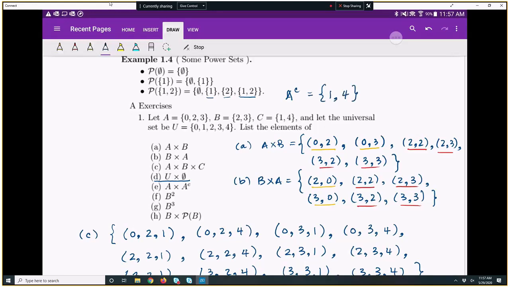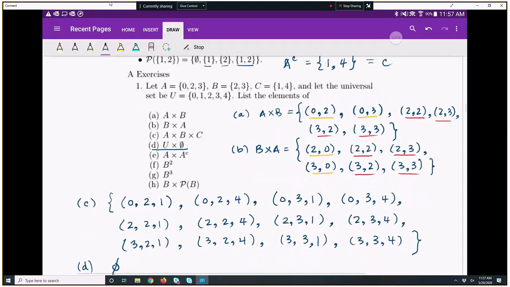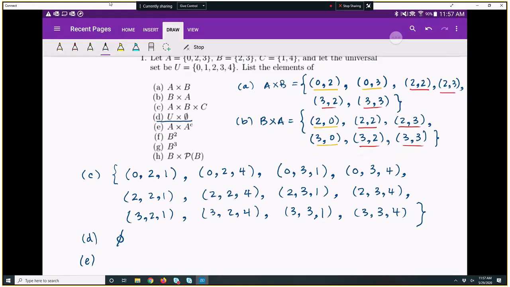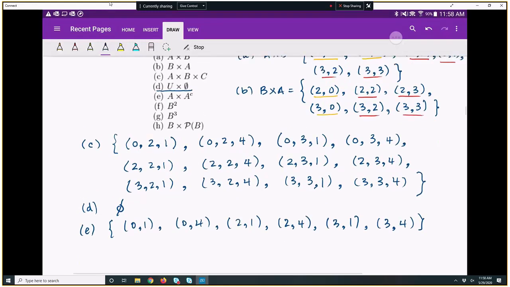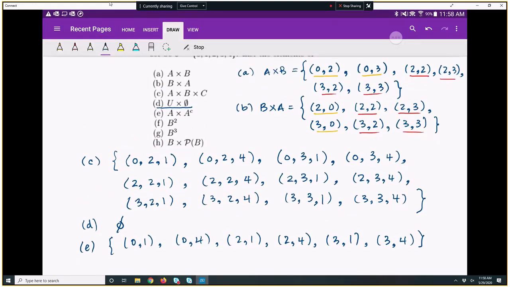It's everything in U that was not in A, which just happens to be the same as the set C. So A cross A complement will be 0, 1, 0, 4, 2, 1, 2, 4, 3, 1, and 3, 4. Perhaps one interesting thing to note here is that because it's the set crossed with its complement, we're never going to have an ordered pair where the two numbers are the same.